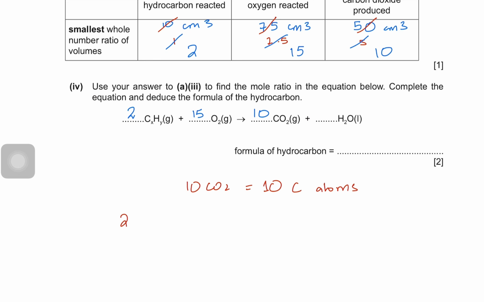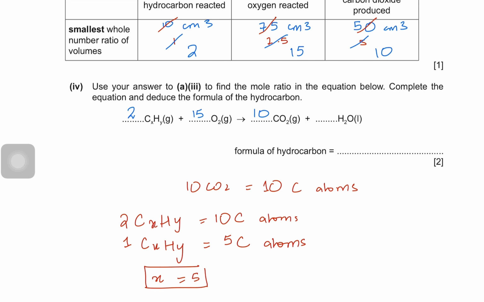So in 2 times hydrocarbon, you had 10 carbon atoms because all the carbon is coming from the hydrocarbon. So 10 carbon atoms were present in 2 moles of the hydrocarbon. 1 mole of hydrocarbon would have 5 carbon atoms. So x is equal to 5 for sure.